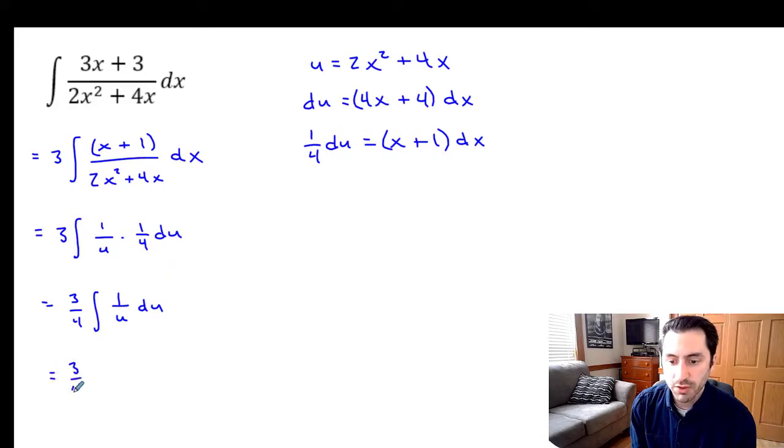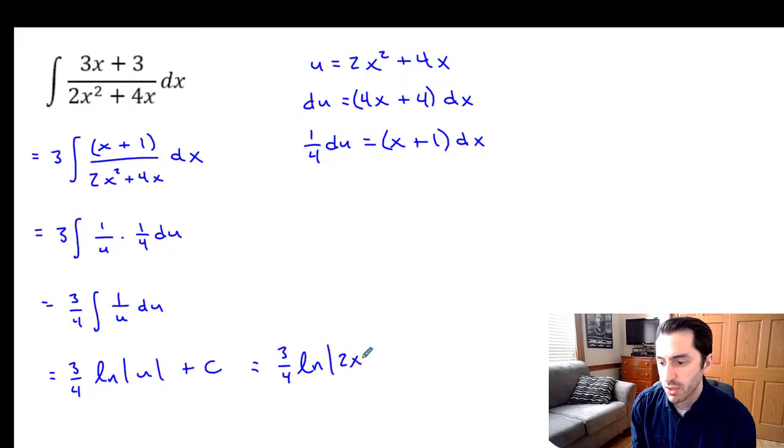So 3/4 times the natural log of the absolute value of u, and we have our plus c, our constant term. And to finish up, let's redo our substitution. So 3/4 times the natural log of the absolute value, resubstituting in for u, 2x squared plus 4x, and our constant term plus c. And here's our final answer.